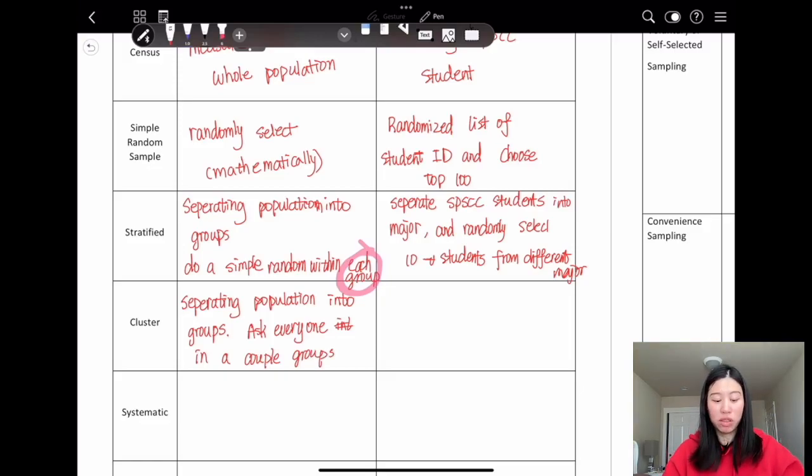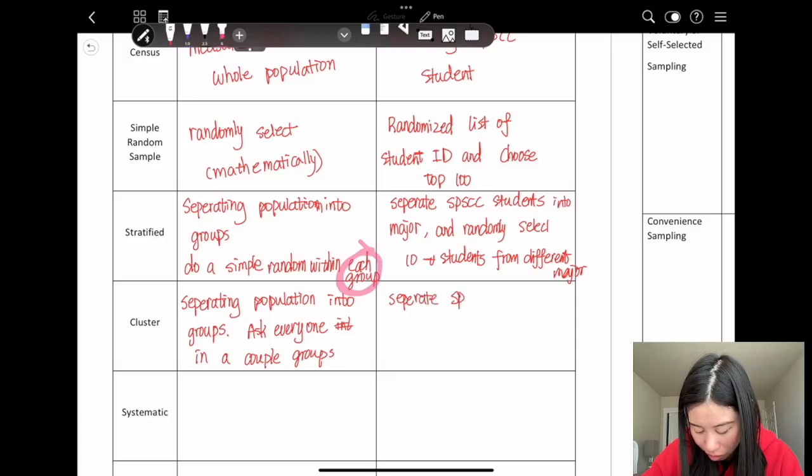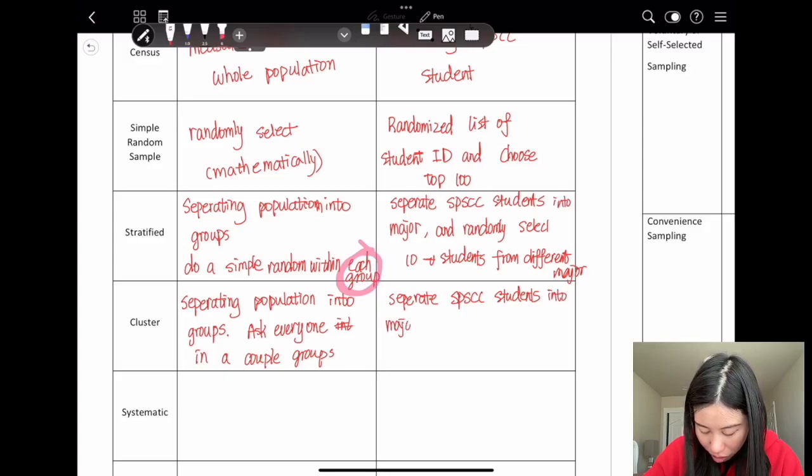For example, we separate the SPSCC students by major, and then we randomly select two majors.